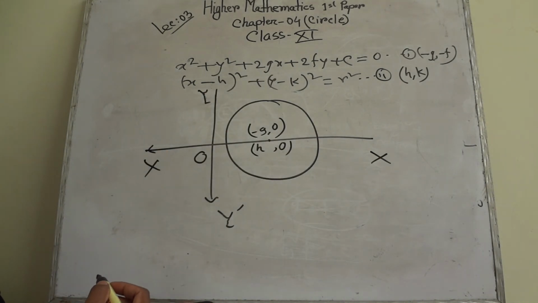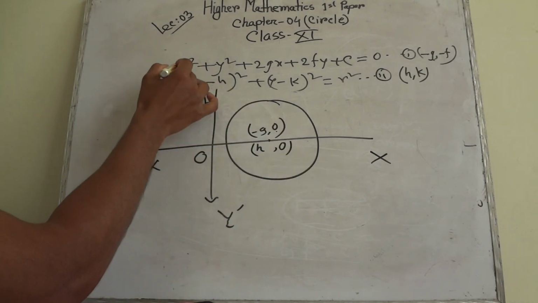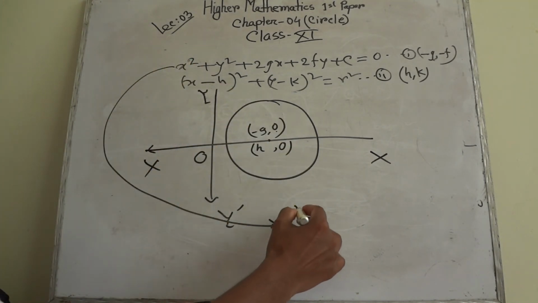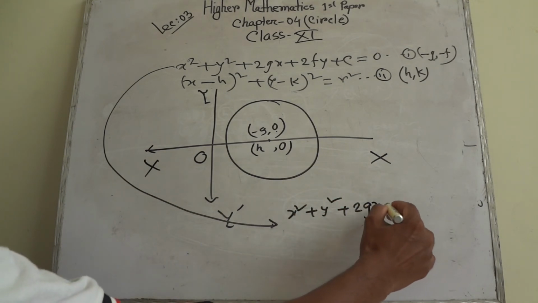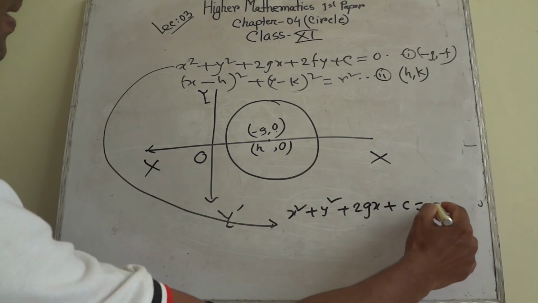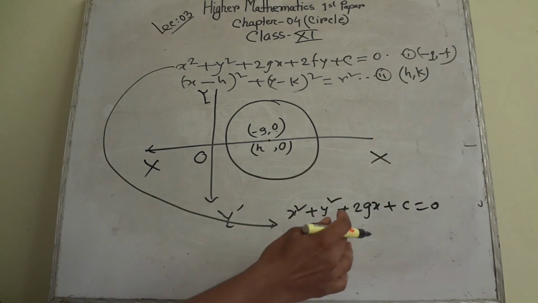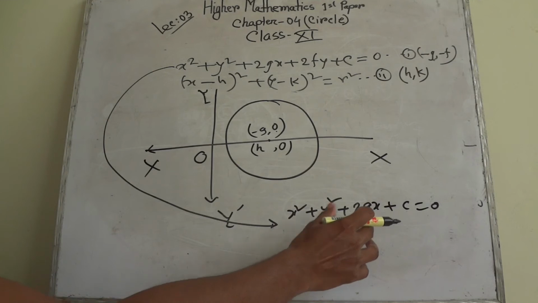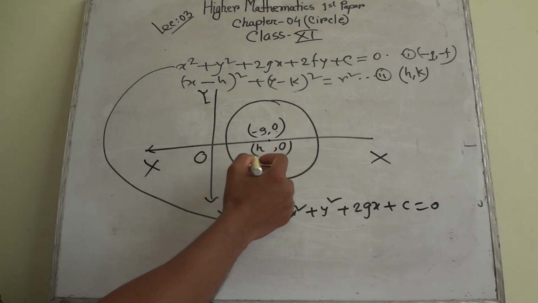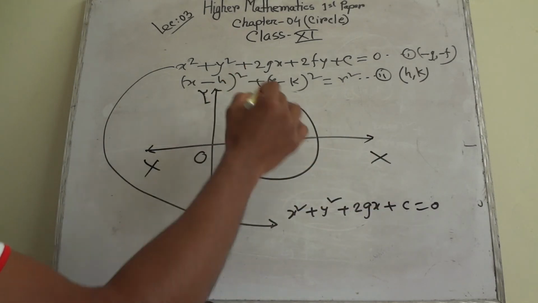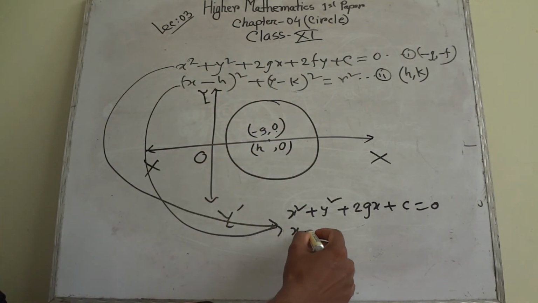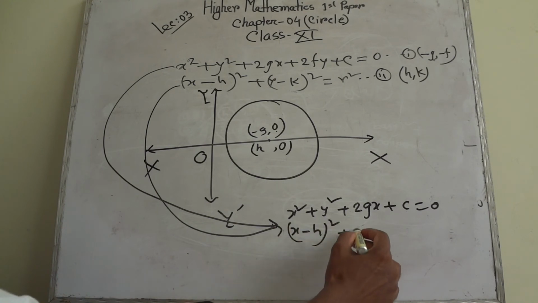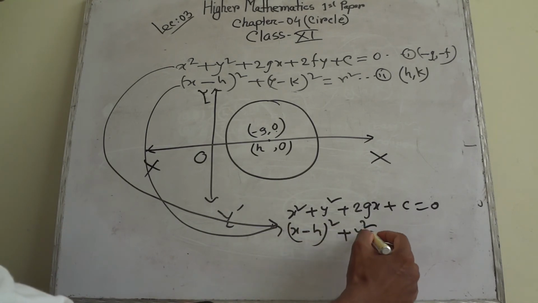Okay. Clear? Now, if f is equal to 0, we can write this as x square plus y square plus 2gx plus c equal to 0. This is the equation of the circle when the center lies on the x-axis. Okay. And also from this equation we can write (x minus a) whole square plus y square as ordinate.